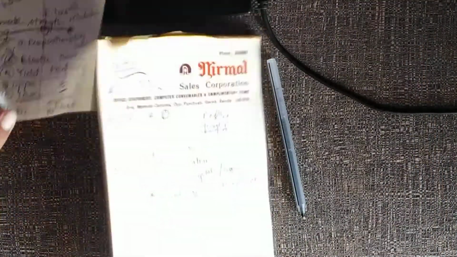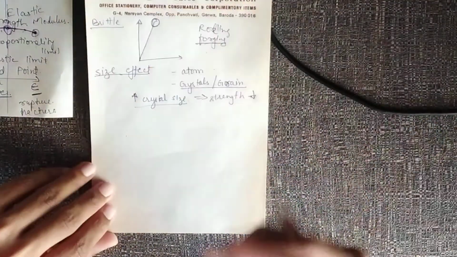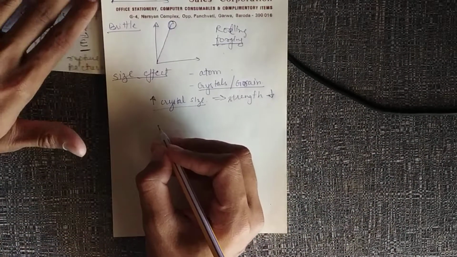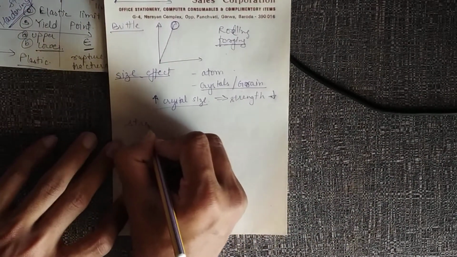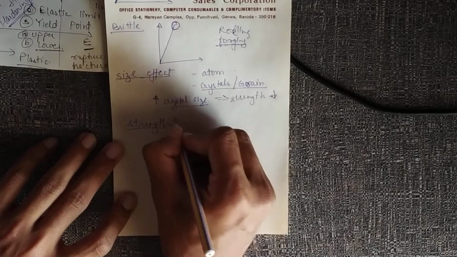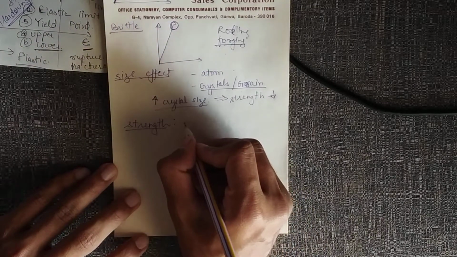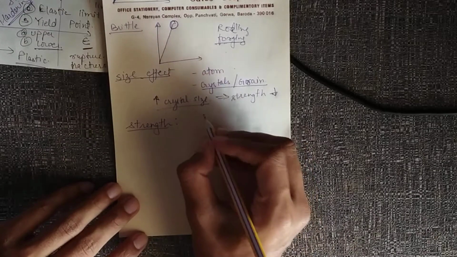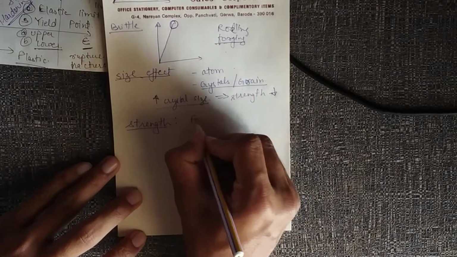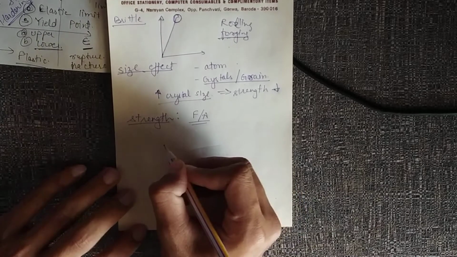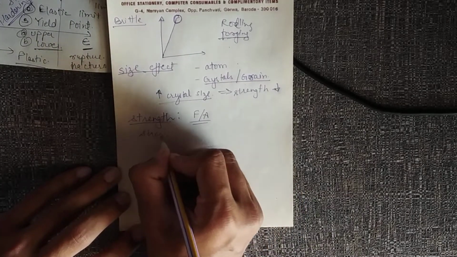So now let's go for some material properties, common terminologies for material properties. First is strength. Strength is the capacity of a material to withstand some load, and strength is described as force upon area. Stress was also described as force upon area.